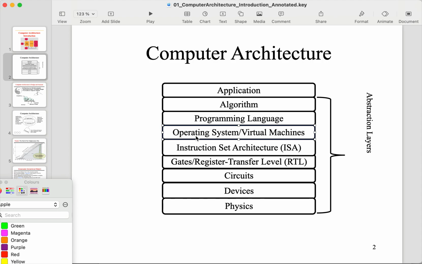It also provides them memory space where they can store their code or instructions, as well as their data, and to run and execute their code. So the operating system would manage all the applications that are running. They could be virtual machines which would run on top of the host operating system. Some virtual machines would run on the bare hardware, depending on if they're level 1 hypervisor or level 2 hypervisor.